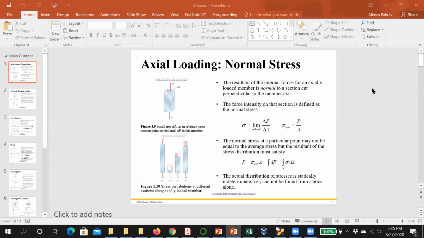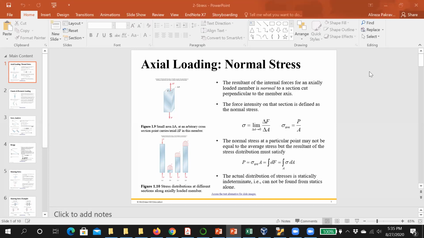In statics, we don't care about the material or the cross section. The only important thing for us in statics is to find the forces.